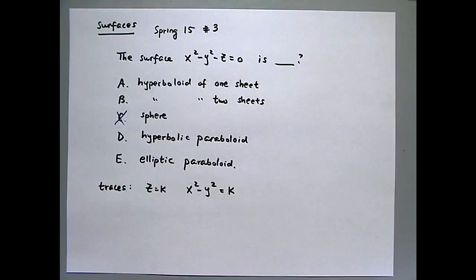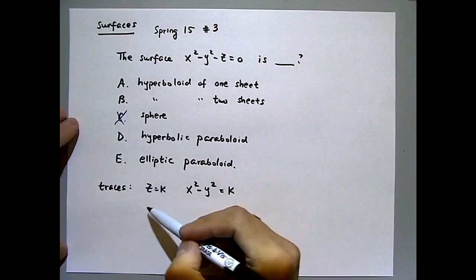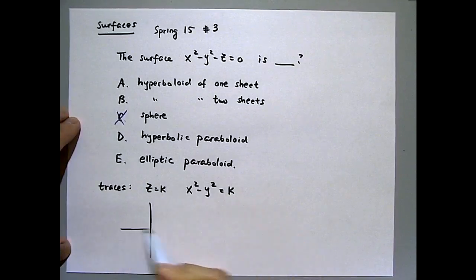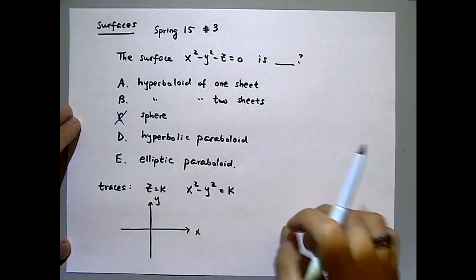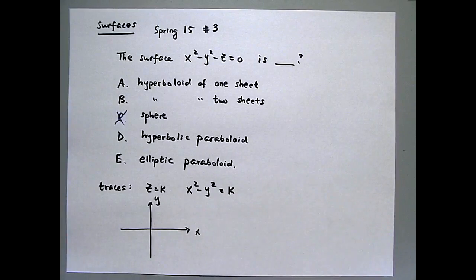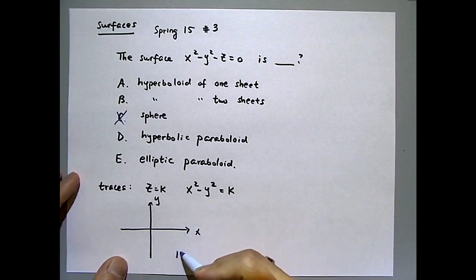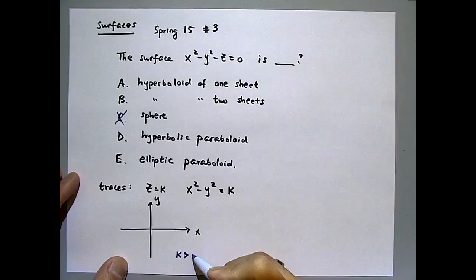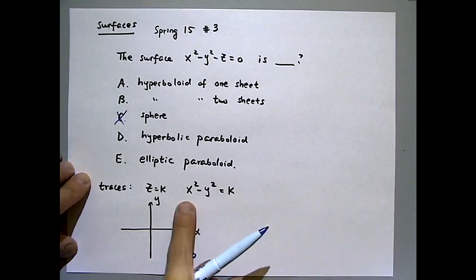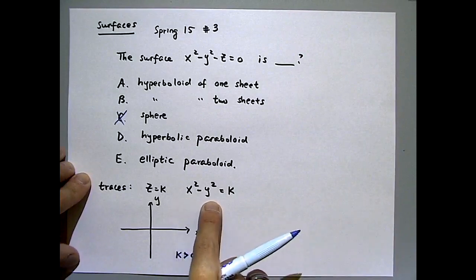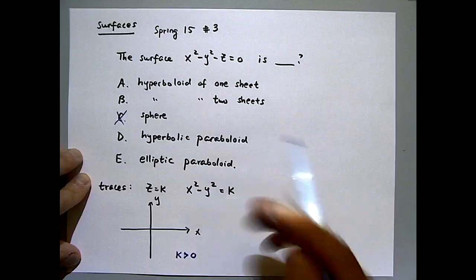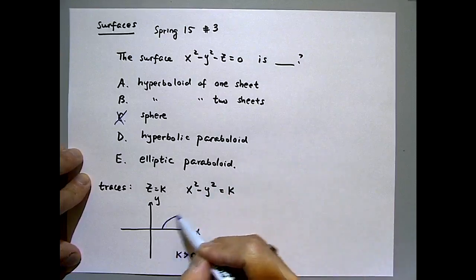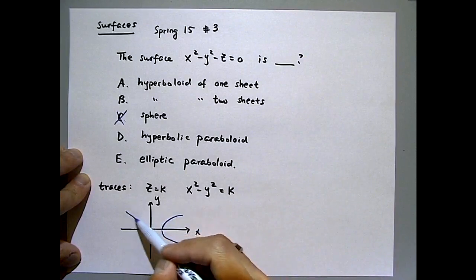Okay, if you didn't know that, make sure you know that by tomorrow night. So if k is positive, let's stick with k being positive for the moment. If k is positive, then x squared minus y squared, these are hyperbolas that sit on the x-axis.